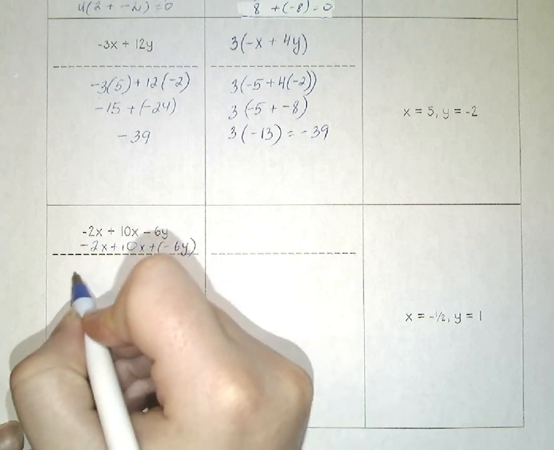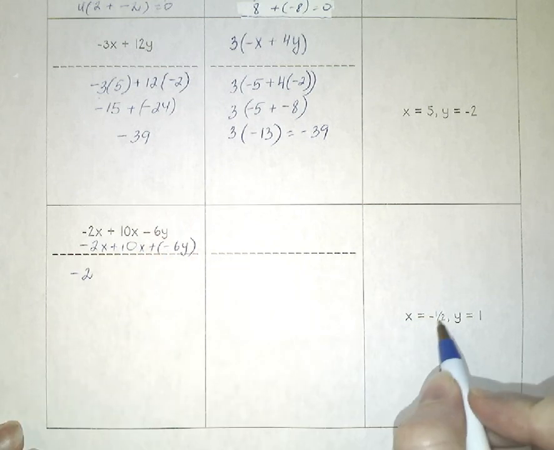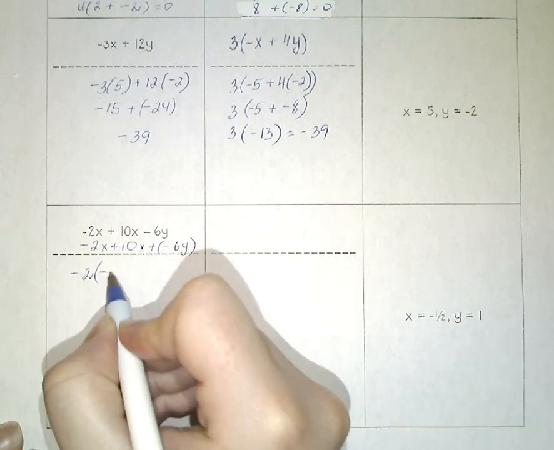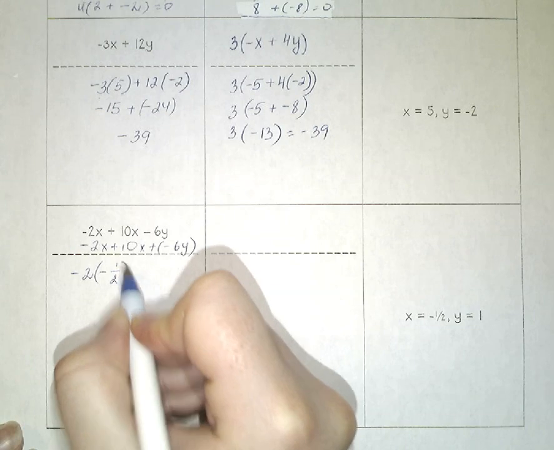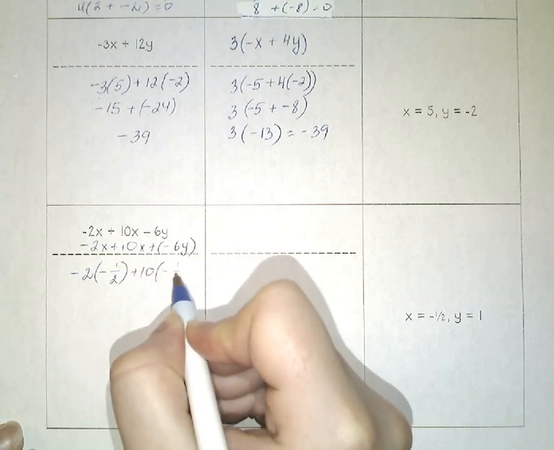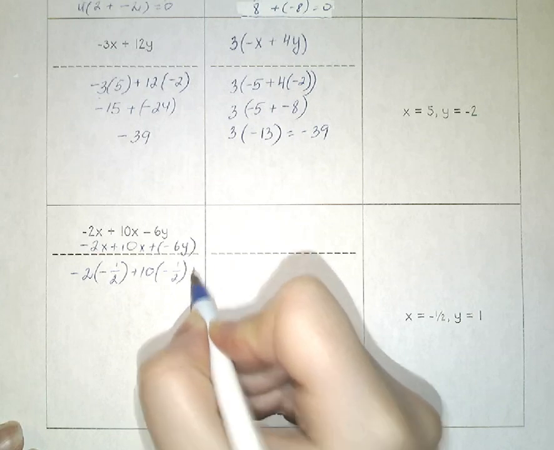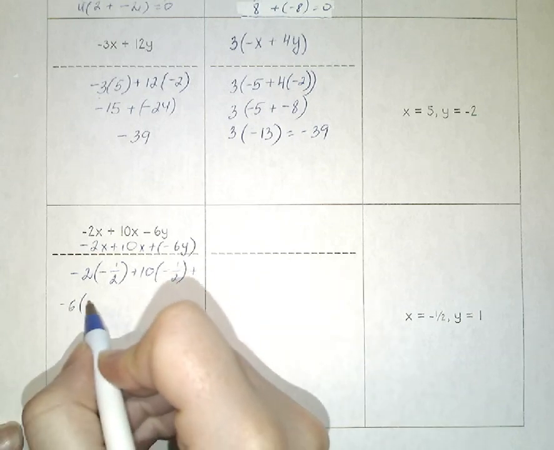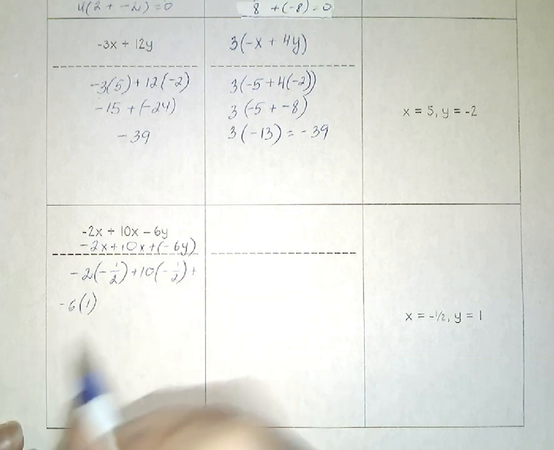Okay, so we'll have -2, and x is -1/2, so that's what we're going to multiply -2 by, -1/2, plus 10 we are multiplying by negative 1/2, plus negative 6 we are going to multiply by positive 1.